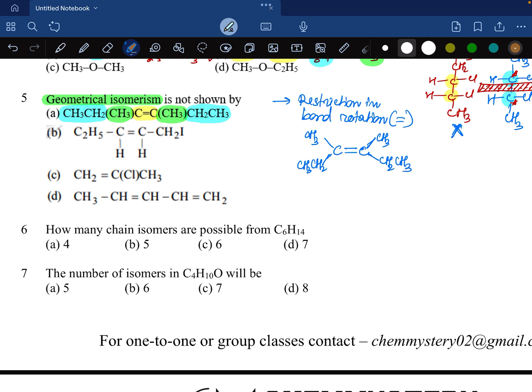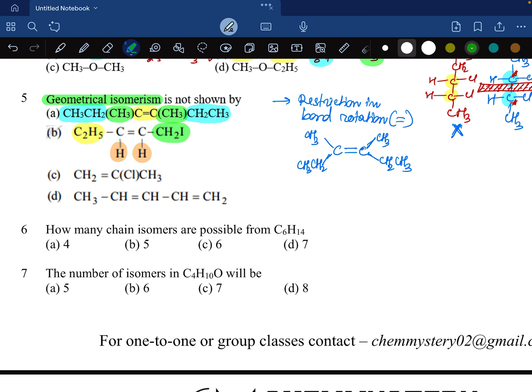Second case, this is H, the other group is C2H5, different. Again, this is H, and the other group is CH2I. Groups are different, so this will also show geometrical isomerism.